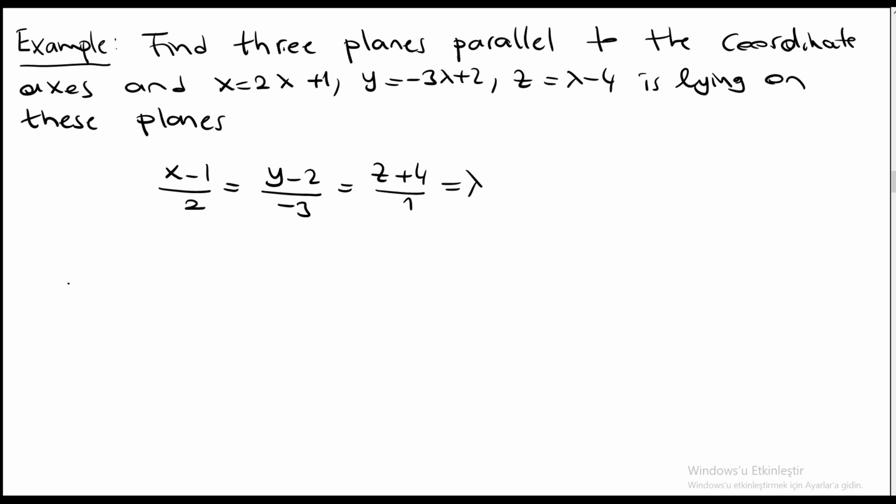Okay, the first one, negative 3 times x, negative 2 times y, 3 plus 2, 5. No, 7, right? 3, 7.